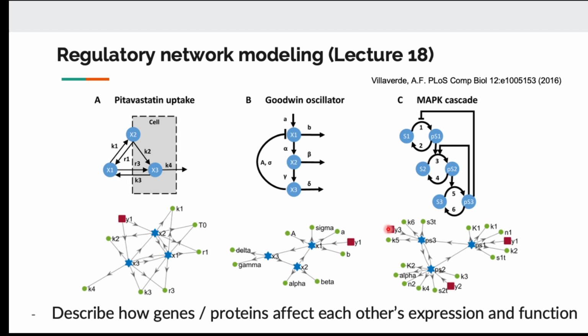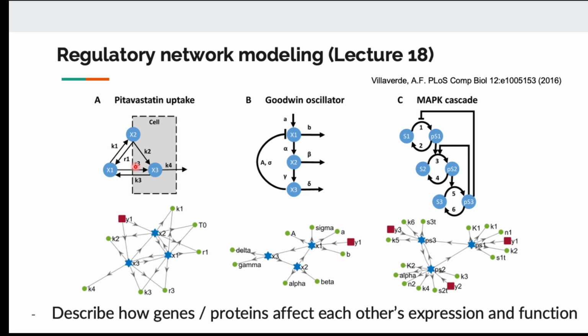One thing that we cannot escape, and you will see it everywhere in this lecture and the next one, is that every time we want to describe the dynamics or the interaction of genes and proteins inside the cell, so that we understand how they work together and how they change, we always need to draw some kind of graph. These networks describe that protein X1 maybe binds to X2 and then activates X3 with a certain binding constant.